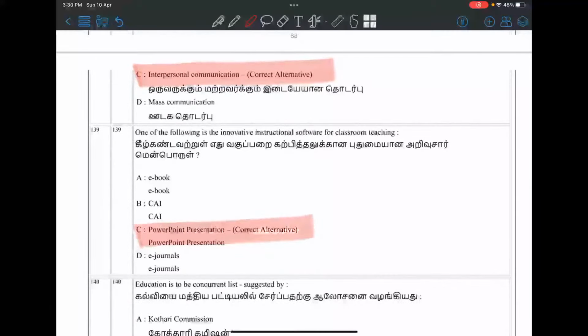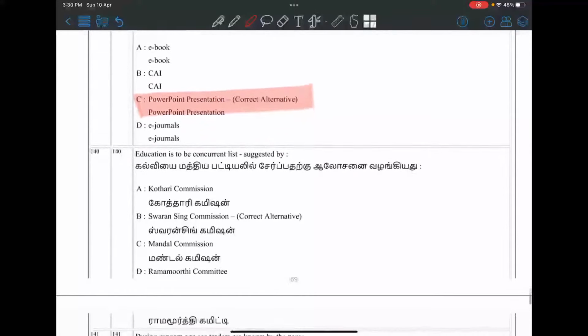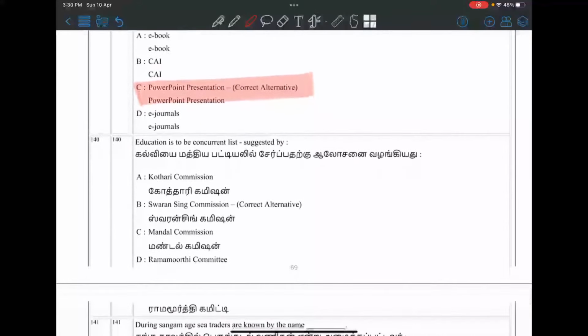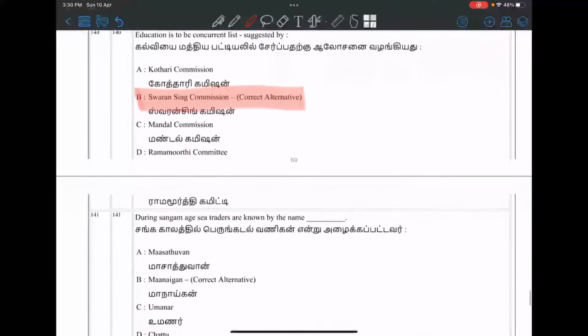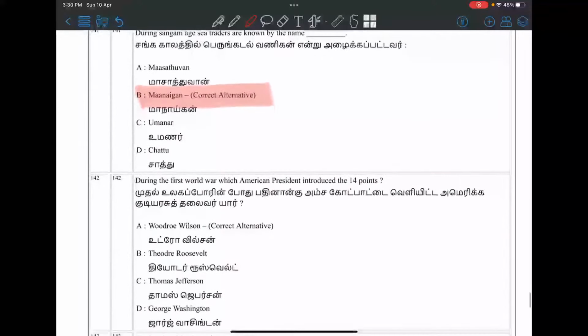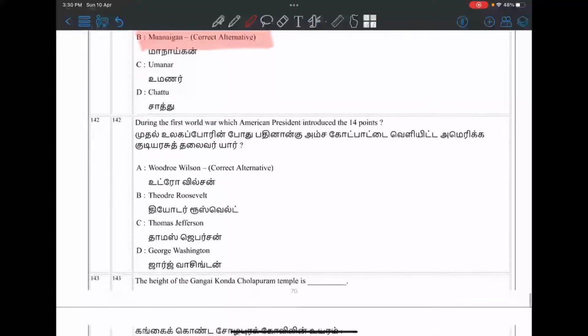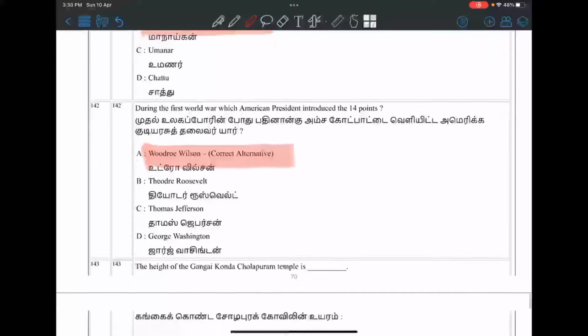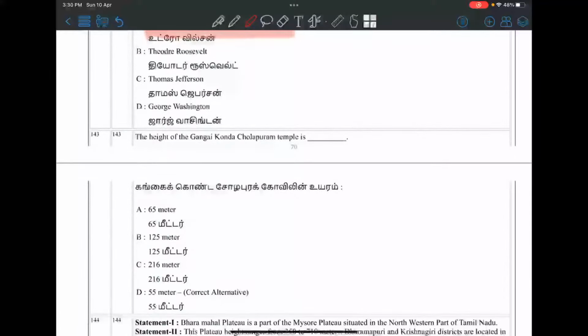Education to be on the concurrent list was suggested by the Swaran Singh Commission. During the Sangam age, sea traders were known as Manaikan. During the First World War, the American president who introduced the 14 points was Woodrow Wilson. The height of the Gangaikondacholapuram temple is 55 meters.